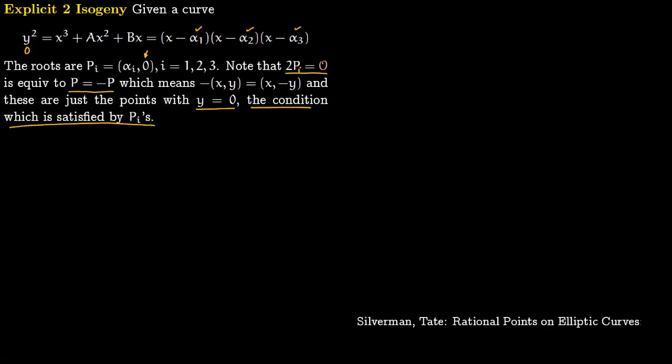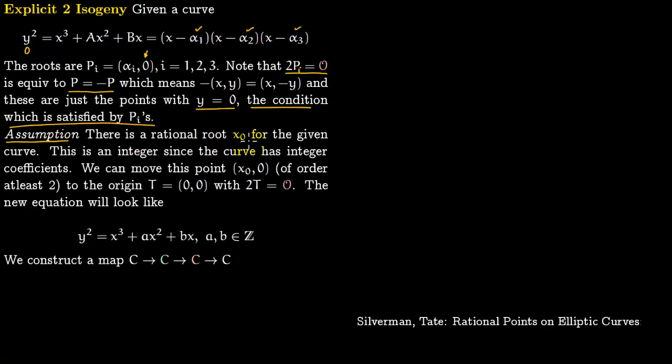An assumption we are going to make is that there is a rational root for the given curve. So there is some root out of the three, α1, α2, α3, that is rational. This rational root would be an integer, because for our elliptic curve a and b are integers.